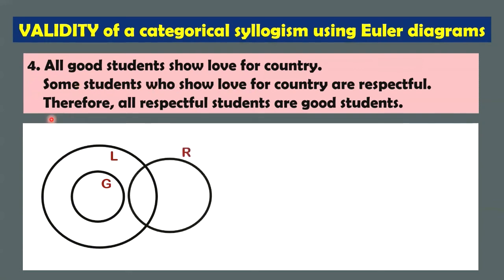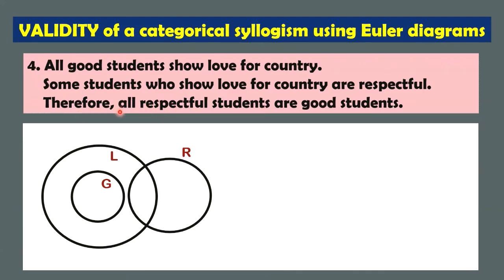Diba? Pwedeng ganyan. Yeah? Ito yung intersection nila. Ito yung mga students who show love for country that are respectful also. Okay? Sabi kasi dito, some students lang. So, ito yon. Okay? Now, you read the conclusion.